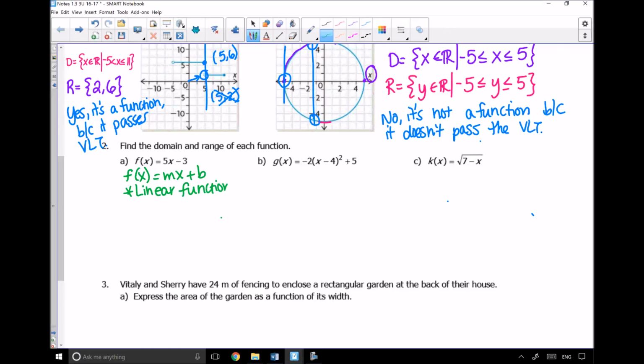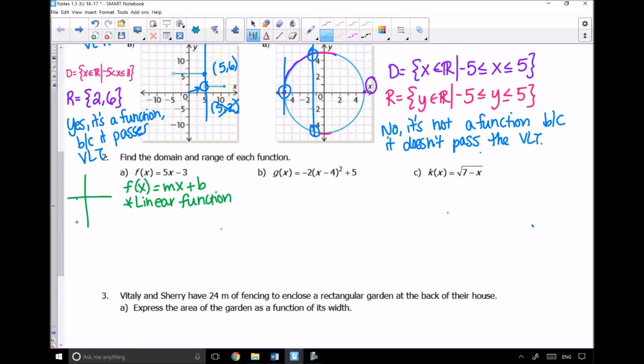Now, for any linear function, if I were to graph it out, all of my linear functions always have a y-intercept and a slope, except for vertical lines. So if every function has a y-intercept and slope, it always starts somewhere and then it goes up and over or down and over, except for vertical and horizontal functions this time.